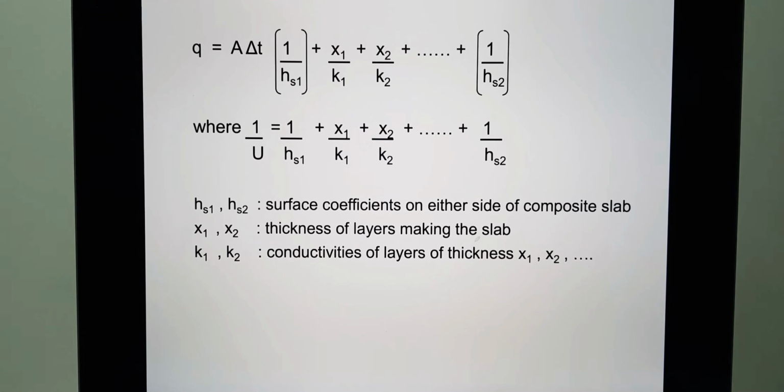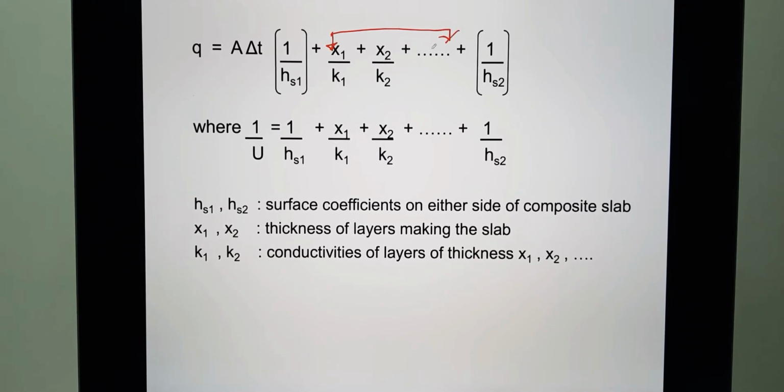Alright, so if we are dealing with several layers of material, then we need to use the equation Q equals A delta T over (1 over HS1 plus X1 over K1 plus X2 over K2 plus, however many materials are involved). If you have up to 4 materials, then it goes up to 4.